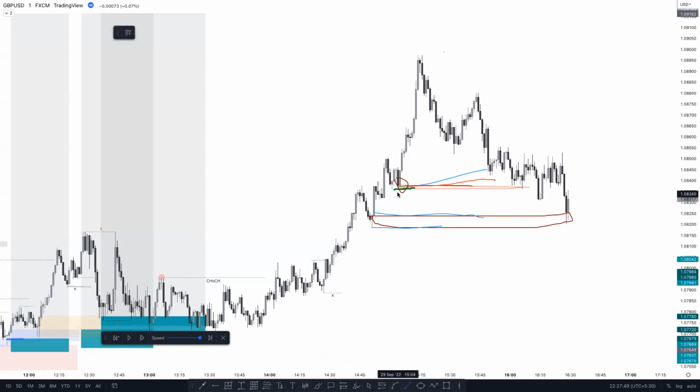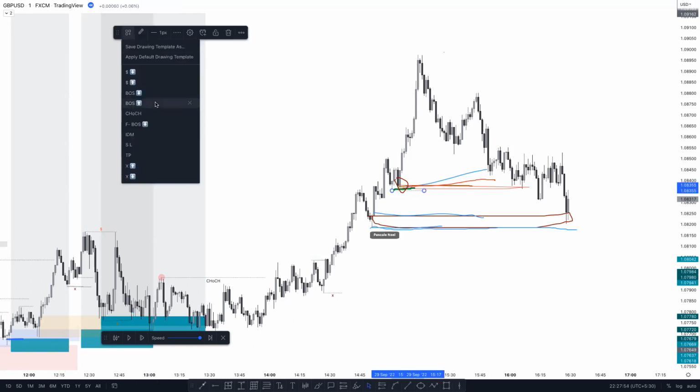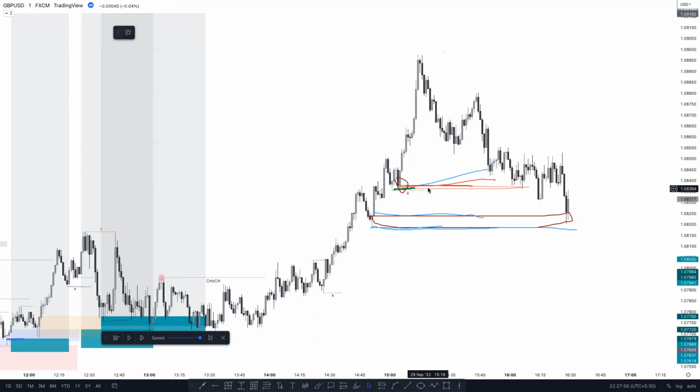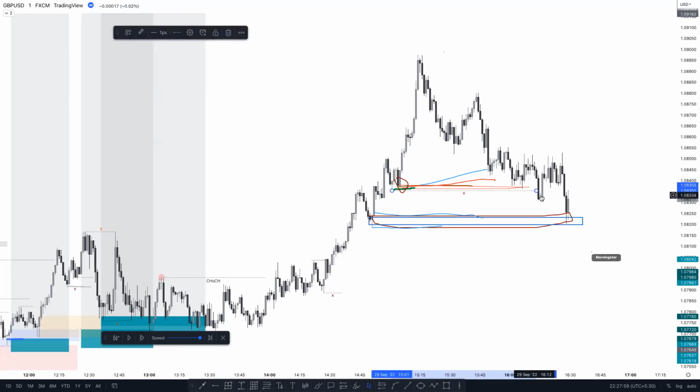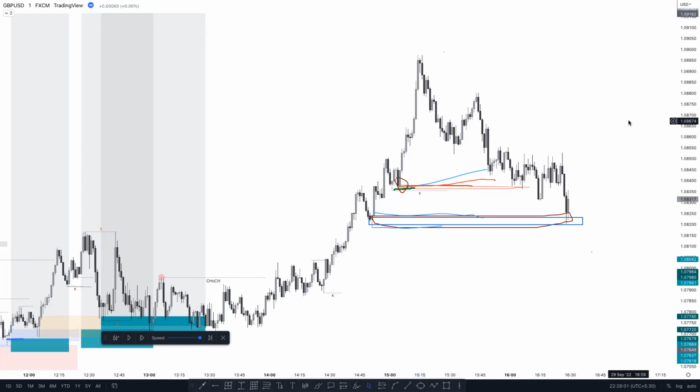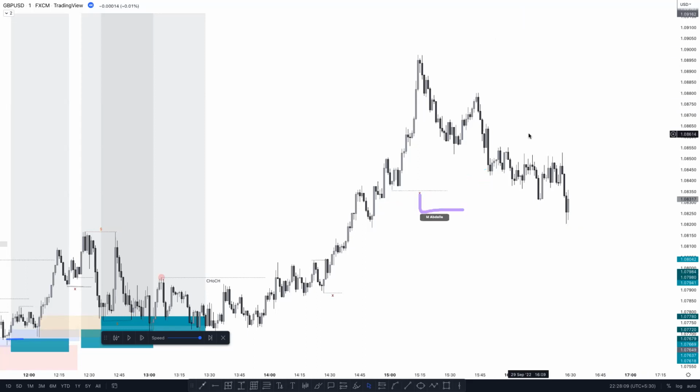Yes, we can use this valid inducement, which must be taken out, right? So after taking out this inducement, we can buy here. Okay, this order block is possible for the buy, because this order block took out the liquidity also, and this is a very large leg here.